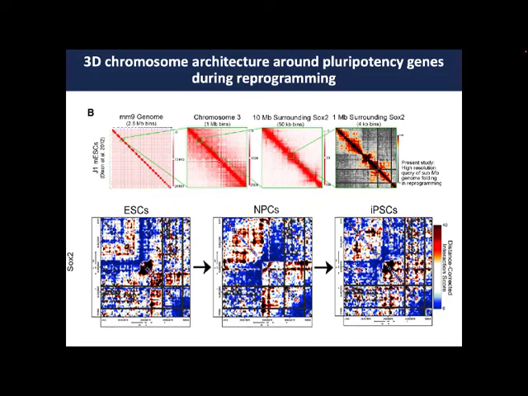But after reprogramming, this dense cluster in the center is restored, and many chromatin interactions are restored after the reprogramming. So this is a kind of cell type specific architecture of the chromatin revealed by the Hi-C data.